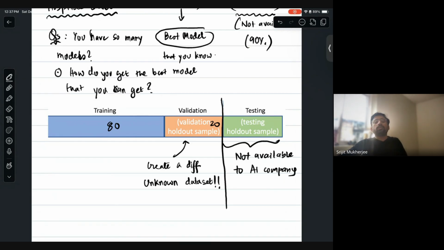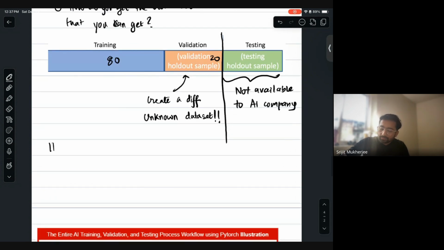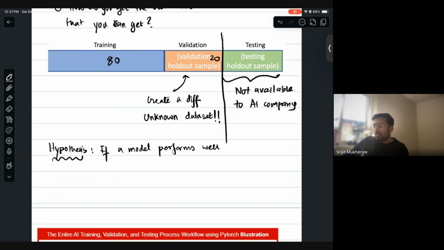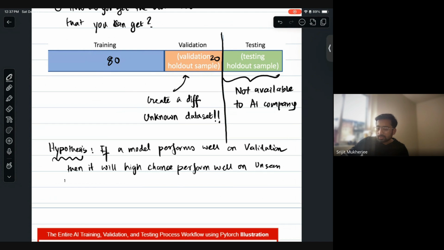So your hypothesis, which is kind of true, is that if a model performs well on validation data, then with high chance it will perform well on the unseen, locked test data that you will never see.